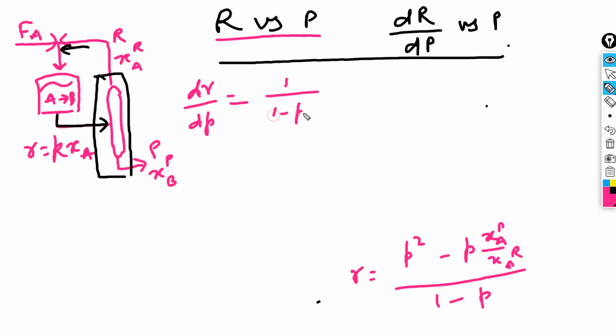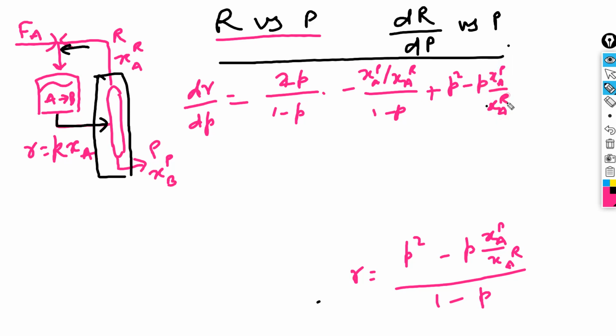1 over 1 minus p times 2p minus XAP by XAR divided by 1 minus p, and then we'll have plus p square minus p XAP by XAR.